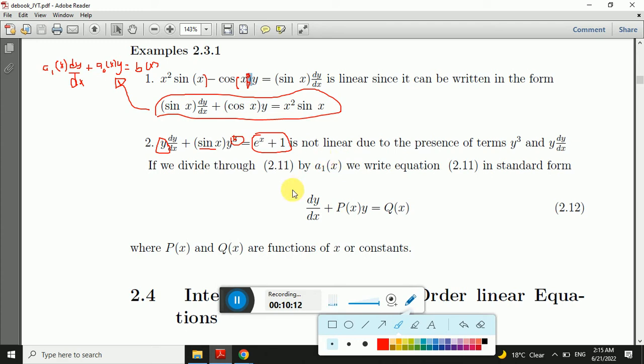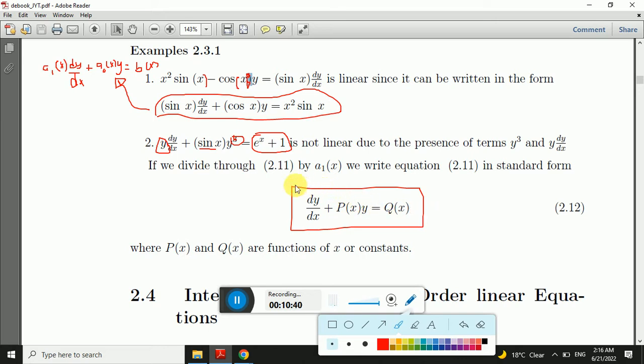Okay, now we've already looked at how we get 2.12 by dividing throughout by a1 of x, and then we say that let a0 of x over a1 of x be capital P of x, and let b of x over a1 of x be capital Q of x.